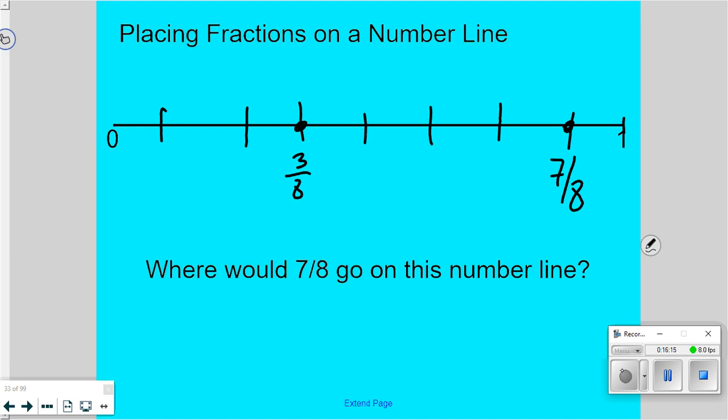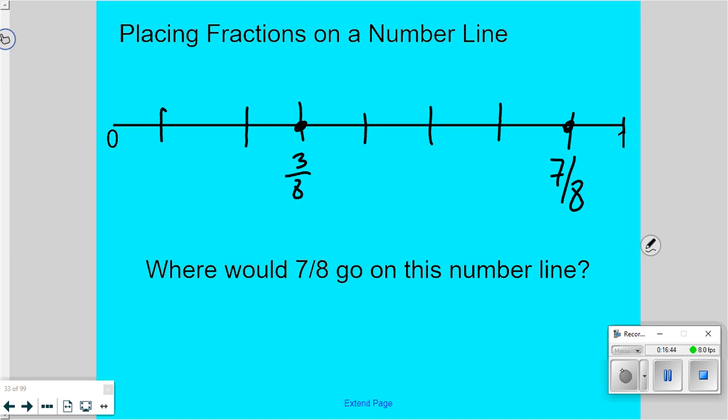How far is it to go from 3/8 to 7/8? Ooh, I love that I see Mackenzie's doing some hops. I see Ryland's counting some spaces. How far is it to go from 3/8 to 7/8? Ariana?